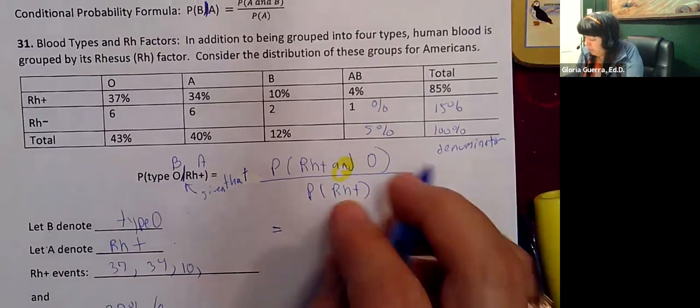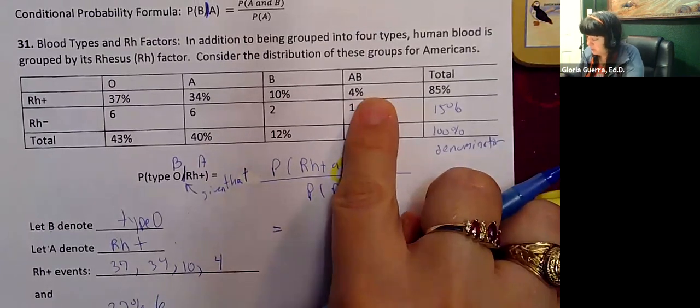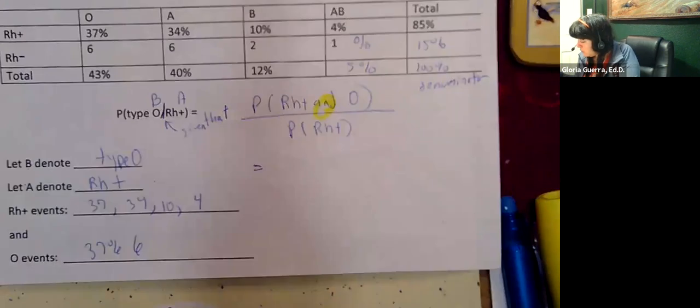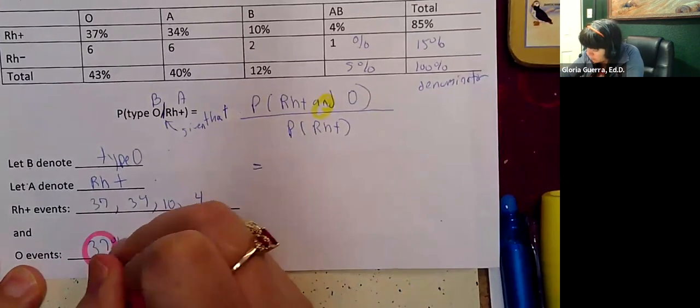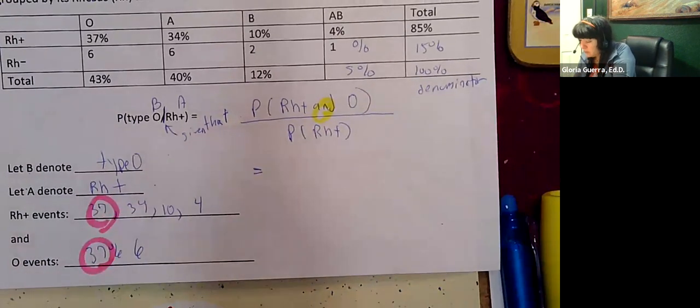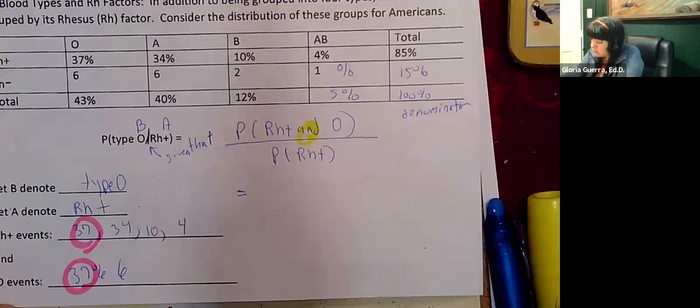I left off the 4 right here, sorry. Now what can I circle? Looks like I can circle the 37s, but that's about it. One overlap.